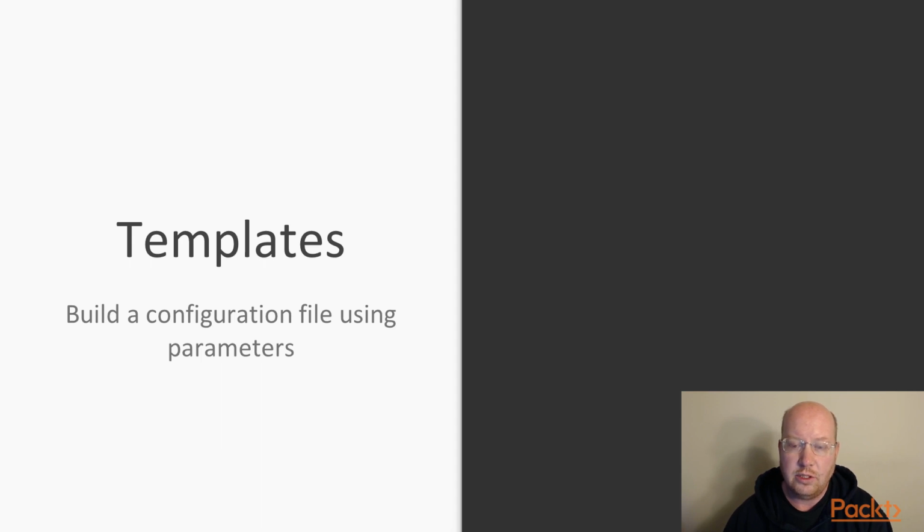Templates allow us to build a configuration file using parameters in our modules, in our classes. What we do is we create a configuration file with embedded Puppet. We start with the original file for the software that we're installing.